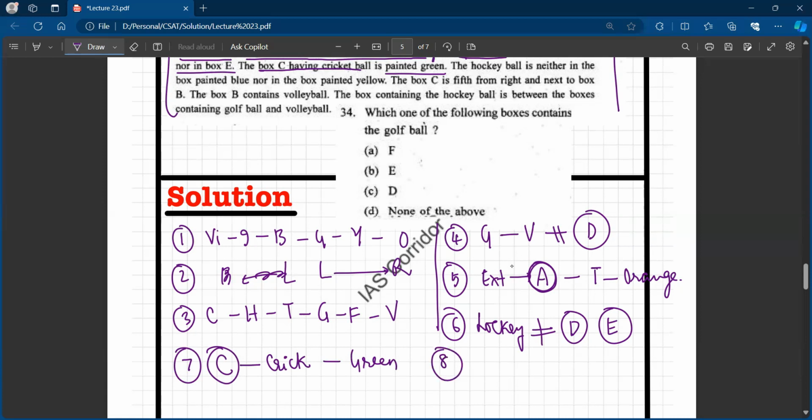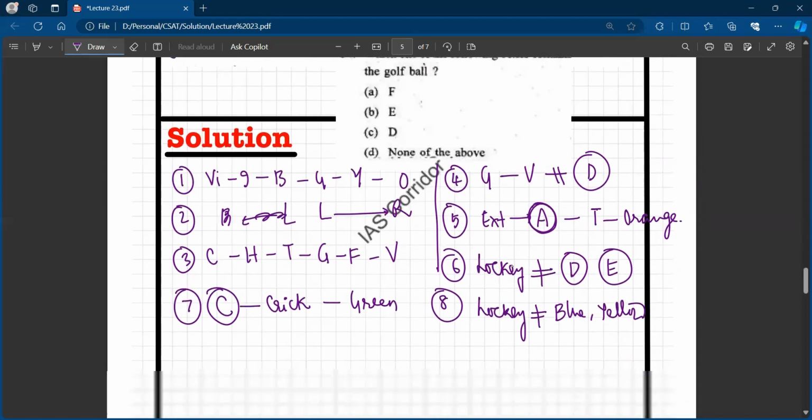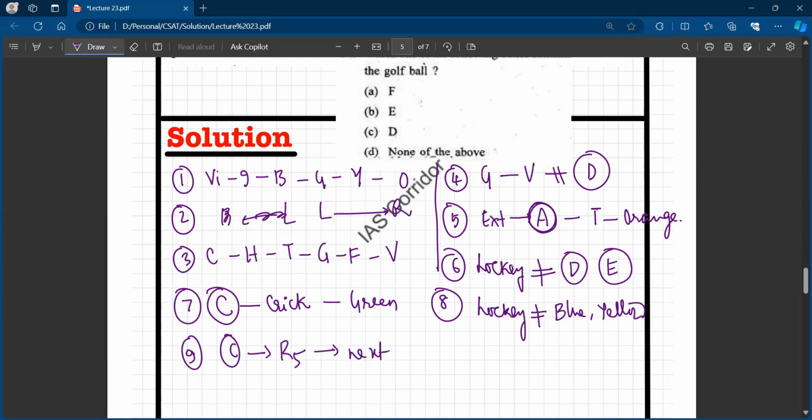Eighth statement. The hockey ball is neither in the box painted blue nor in the box painted yellow. Hockey is neither in the box painted blue or yellow. We have done till here. The box C is fifth from the right and next to box B. Box C is fifth from the right, that is R5, and it is next to B.